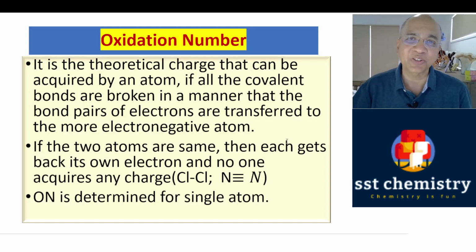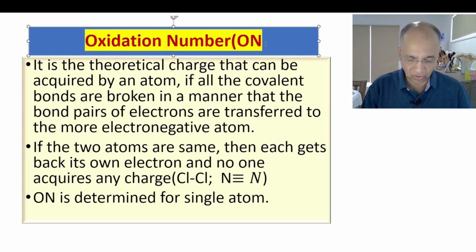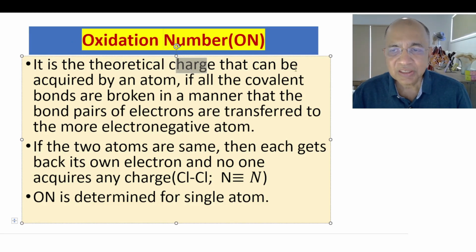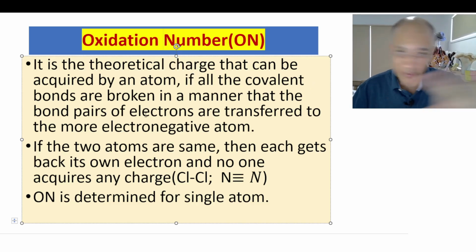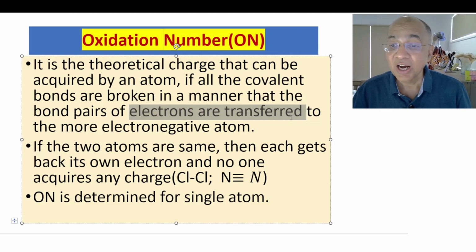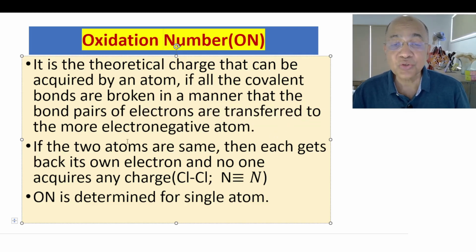Formally, let's take up what is oxidation number, or we call it ON, or also called oxidation state, or OS. It is a hypothetical charge that can be acquired by an atom if all the covalent bonds are broken in a manner that the bond pairs of electrons are transferred to the more electronegative atom.